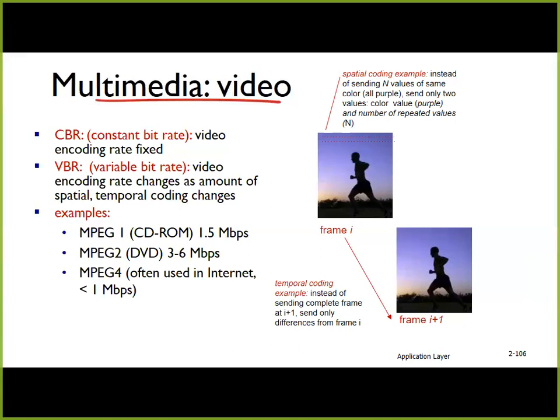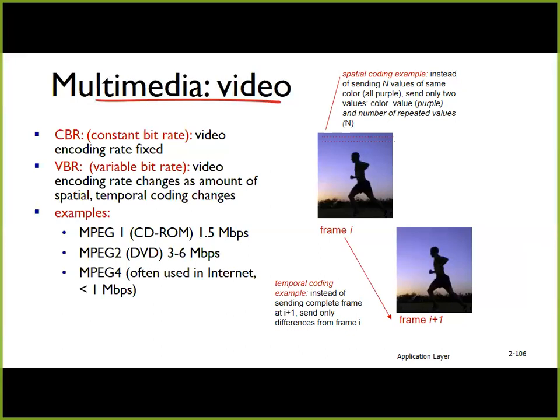Assuming we would send that out, we could have a constant rate, right? But another thing which is quite common is actually to use variable bit rates, because your video encoding rate will change as the amount of spatial and temporal coding changes.